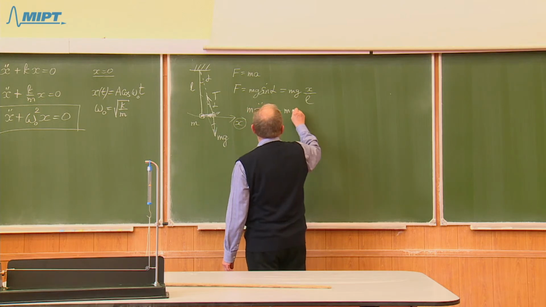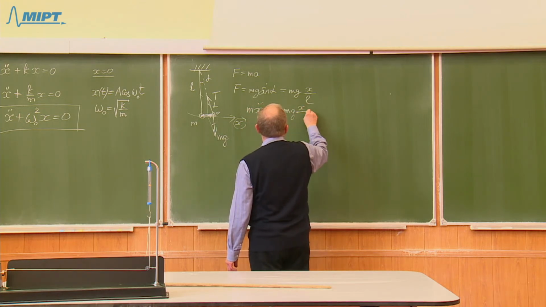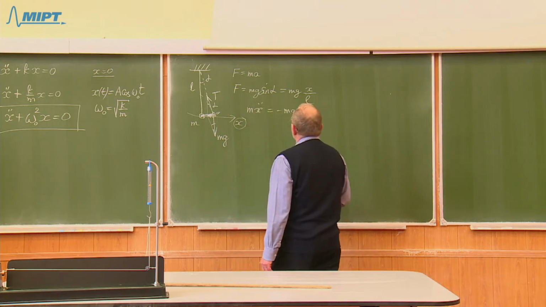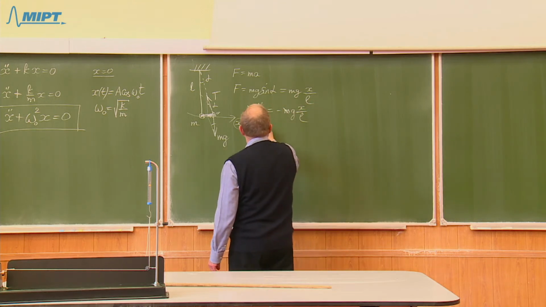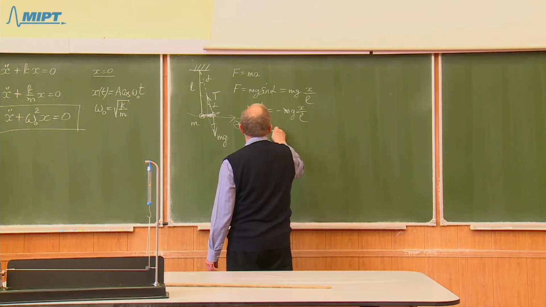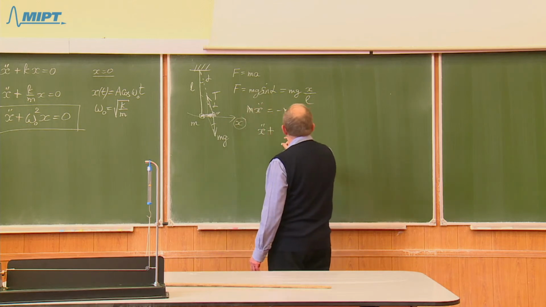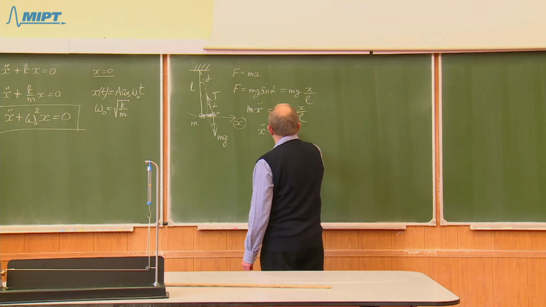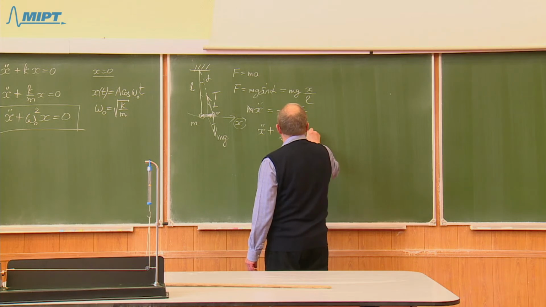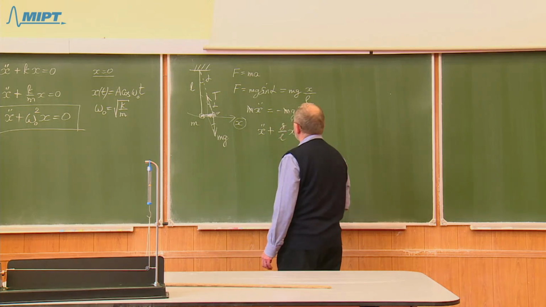So here we will have minus mgx divided by L. M will cancel, and we will obtain an equation x double dot plus g divided by L times x equal to 0.